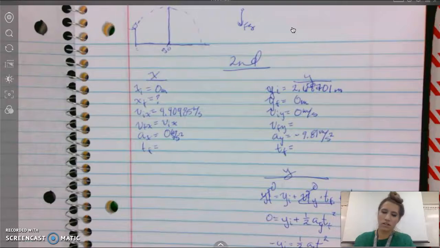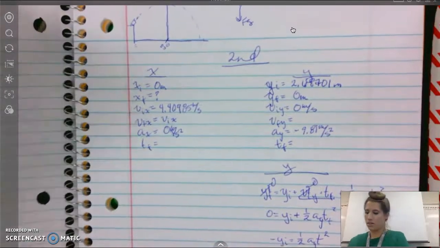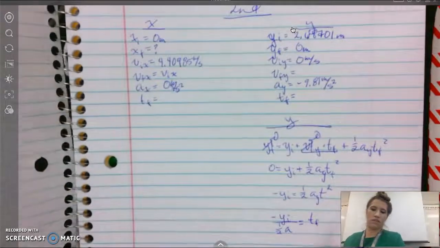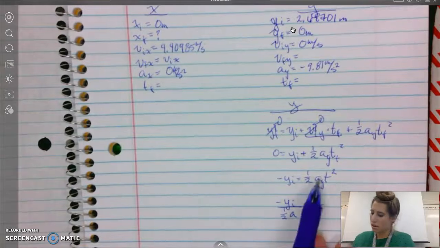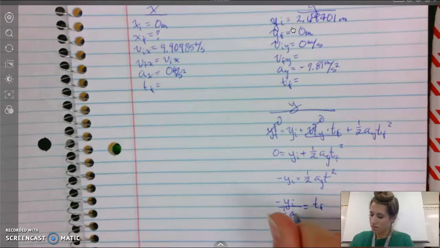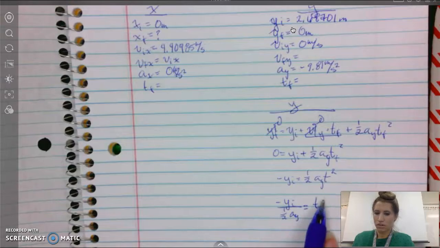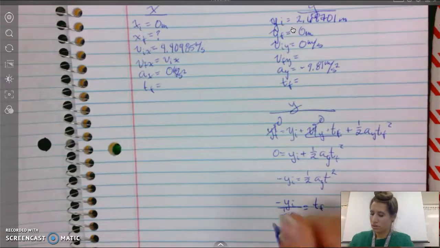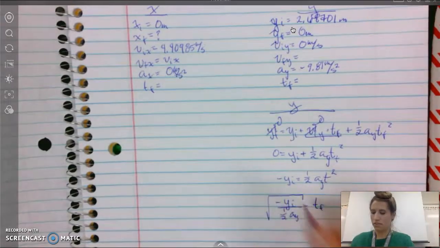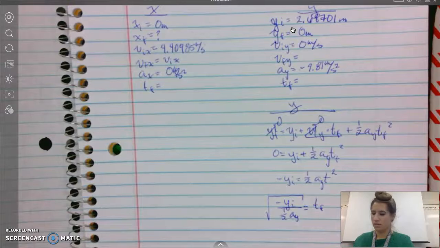The squared is still there. Okay, so I divided by the 1/2 and the acceleration, and now we're equal to time final squared. So there is a squared right here, and we're going to take the square root of both sides to get rid of that.